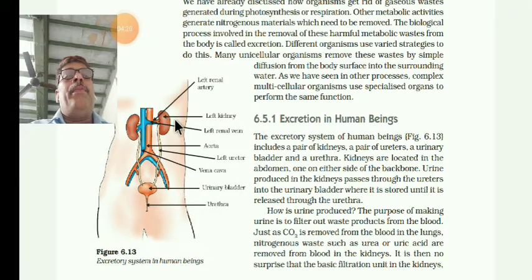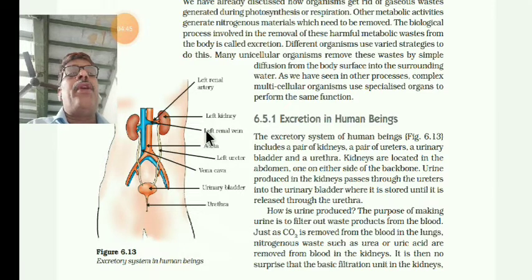See the pair of kidneys in the abdomen on either side of the backbone. See, these are the backbone, on either side of the backbone. Urine produced in the kidneys passes through the ureters. Where is the ureter? Here.